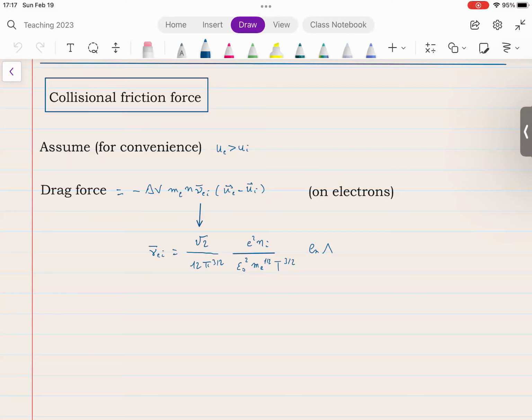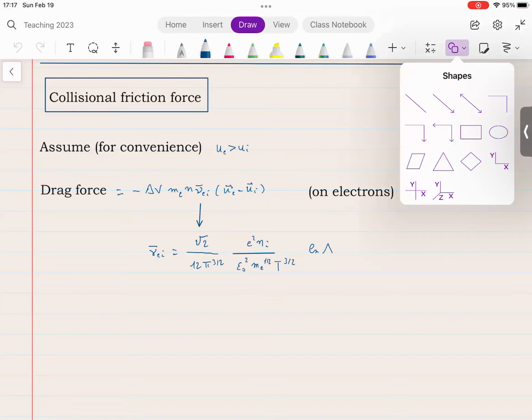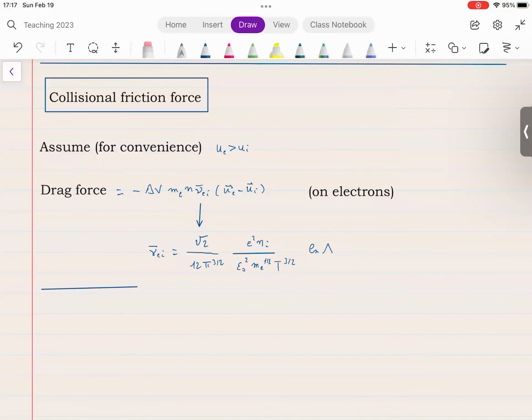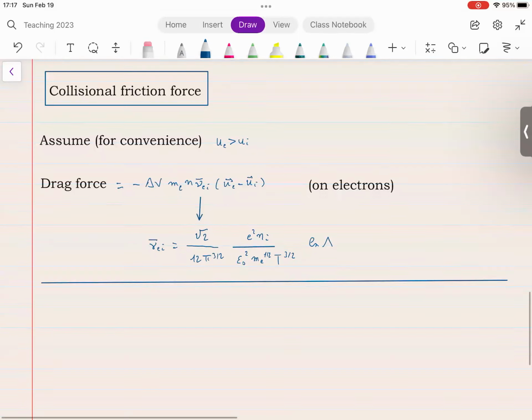We're going to have an equal and opposite force on the ions. That was it. That concludes our derivation, which I optimistically thought we could do in a lot less time, but here it is.